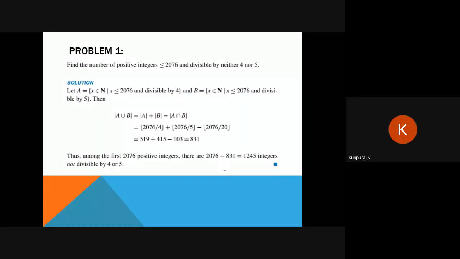The second one, cardinality of B, that is modulus of B, is the floor function of 2076 divided by 5. And how do you get modulus of A intersection B?